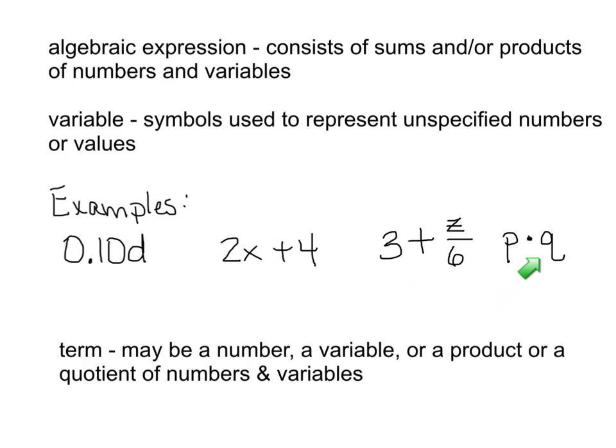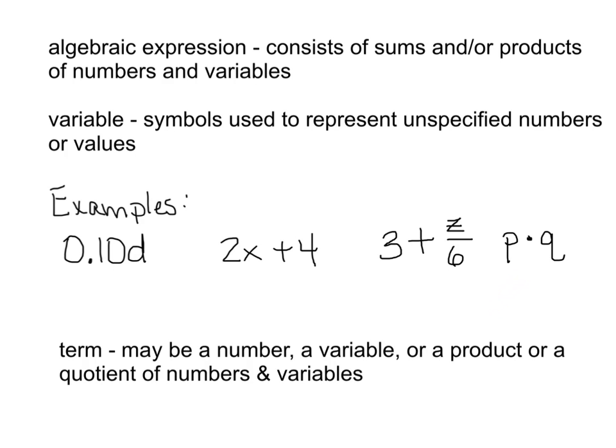Now think about this one for just a minute. We have multiplication represented here. Did we have multiplication represented here? Yes, we did. And we said that this is one term. Well, guess what? So is this one. P times q also represents one term.